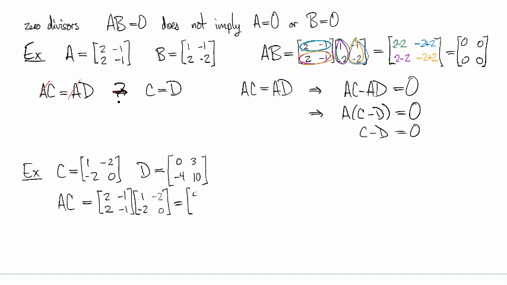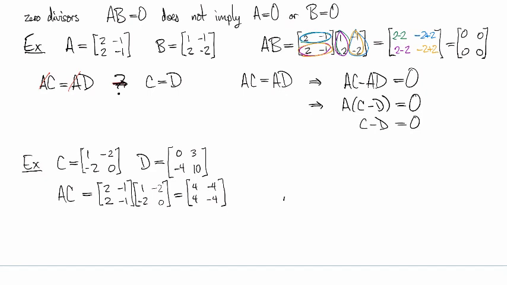I'm going to get 4 minus 4, 4 minus 4. And if we look at A times D, then we have A times 0, 3, minus 4, 10, and now we're going to have 4 minus 4, 4 minus 4 again.